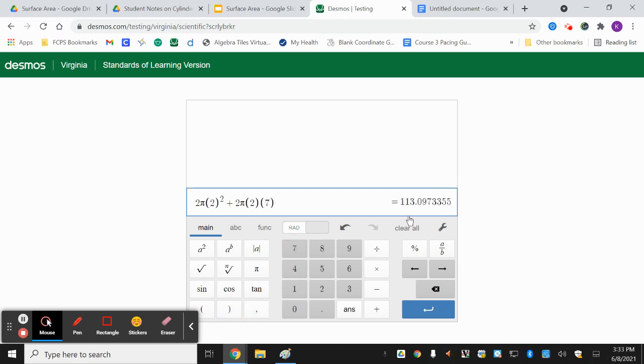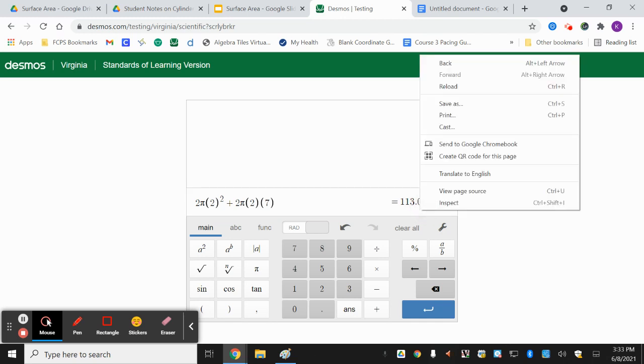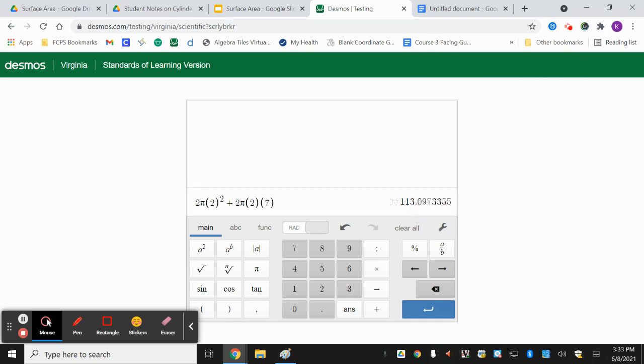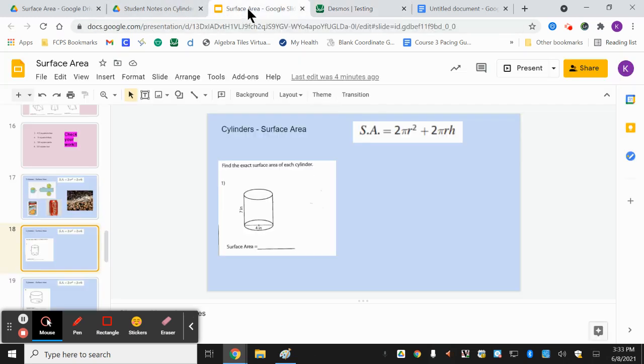Okay, and if we round that answer to the nearest tenth, this is the tenths place, the 0 is in the tenths place, and then that 9 will round that up to a 1. So 113.1.